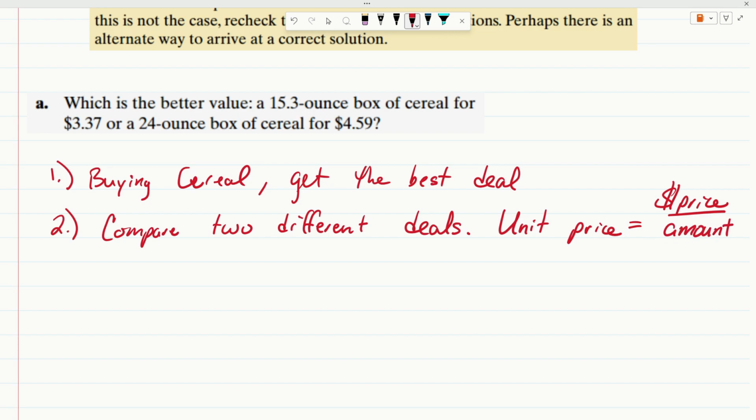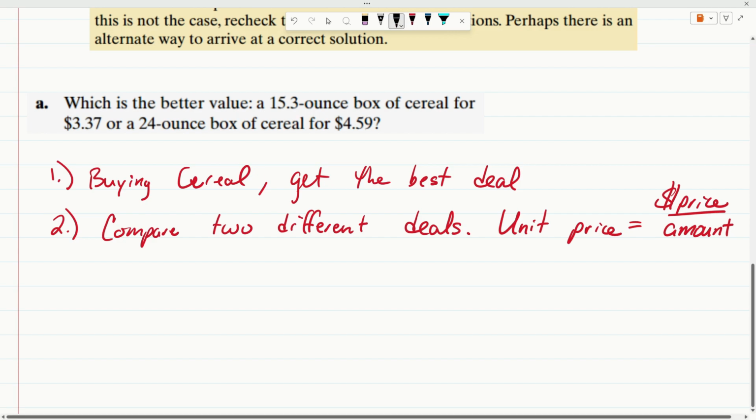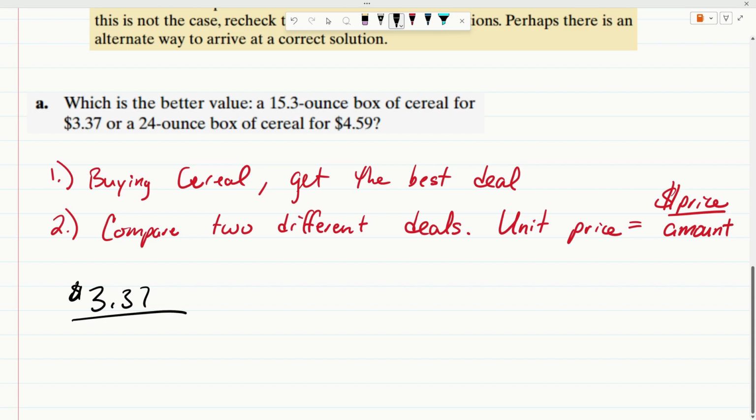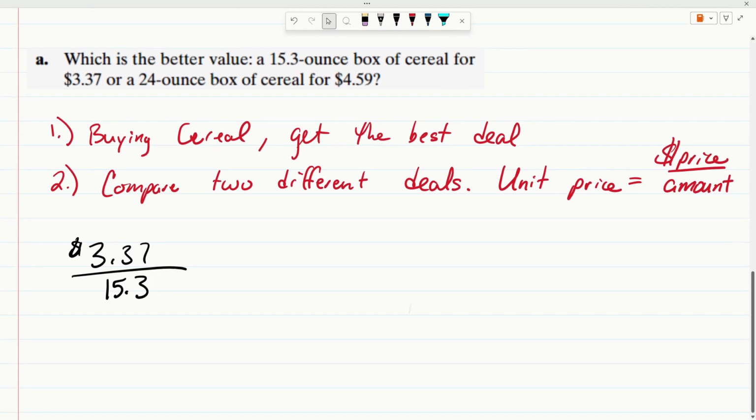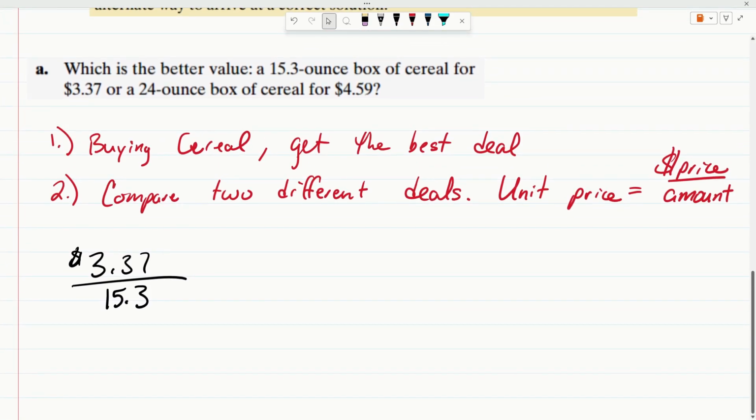For the first box, that is going to be $3.37 per 15.3 ounces. And then the second is going to be $4.59 per 24 ounces.